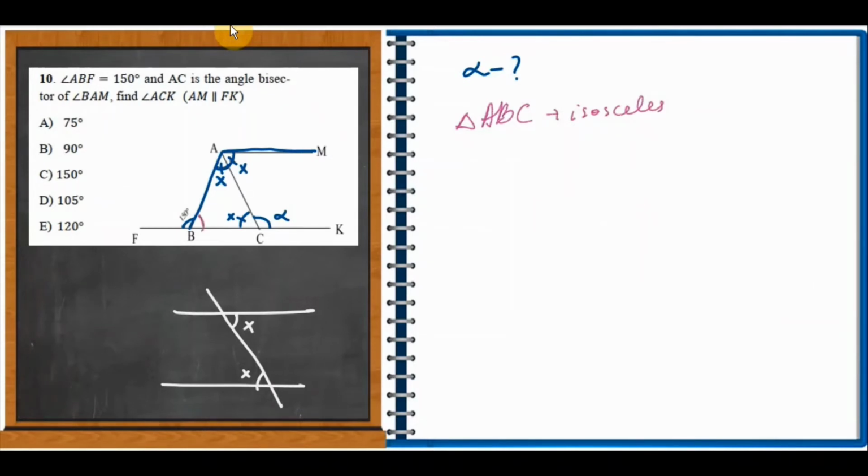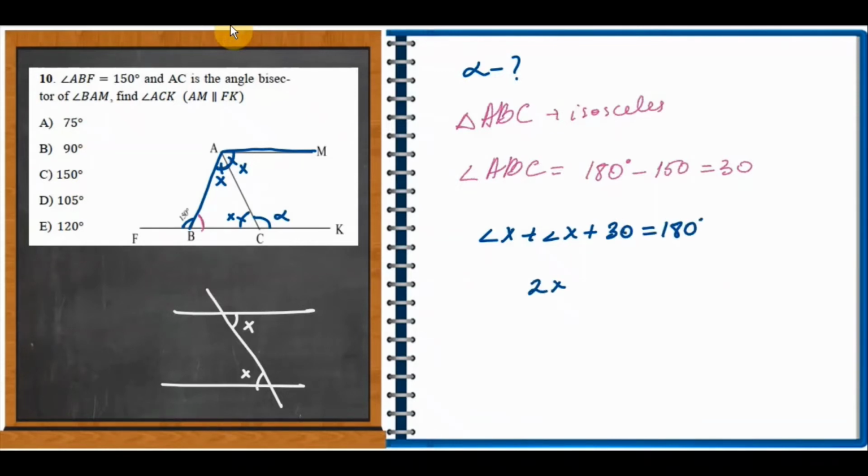Can we find angle ABC? It's equal to 180 subtract its external angle, so 150. That's 30. After knowing that, we can say that X plus X plus angle ABC is equal to 180 degrees.